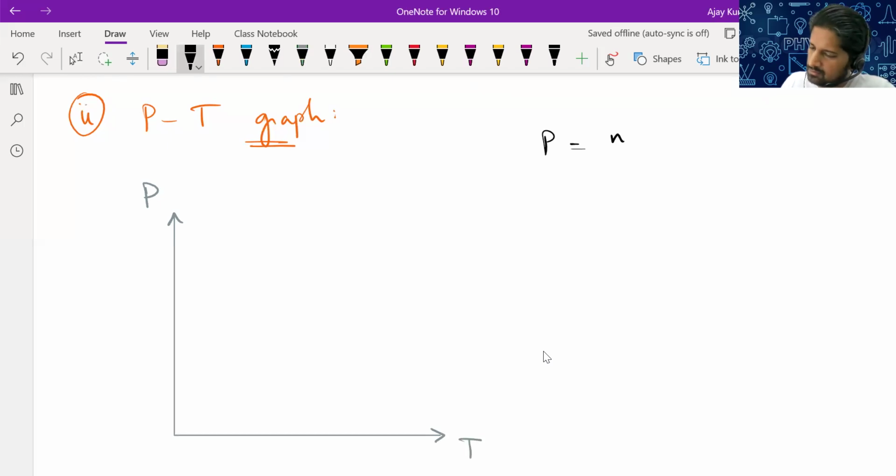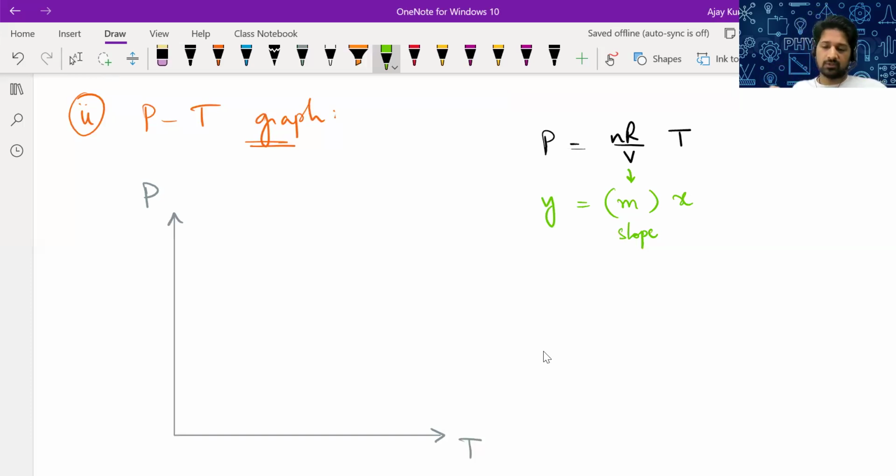P is equal to nR by V multiplied with T. We are taking pressure on the y-axis, so nR by V will be the proportionality constant. Temperature is being taken on the x-axis. So the proportionality constant between y and x is what you call the slope of the graph. y is equal to mx. So the slope of the pressure temperature graph in an isochoric process, a process where volume remains constant, will be nR by V.